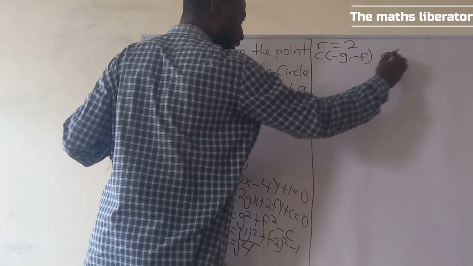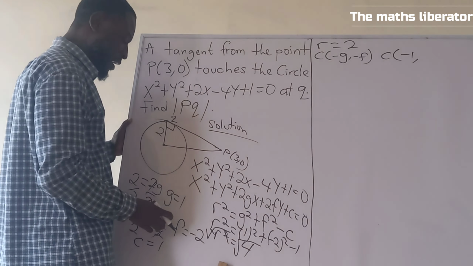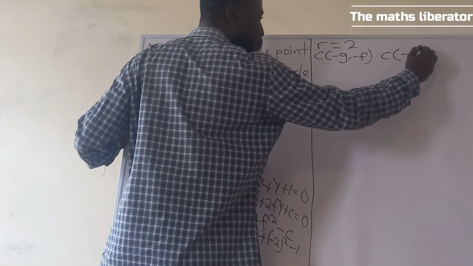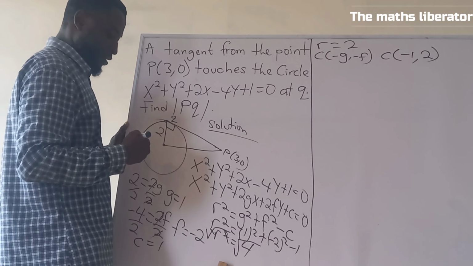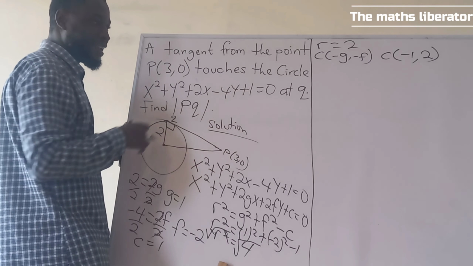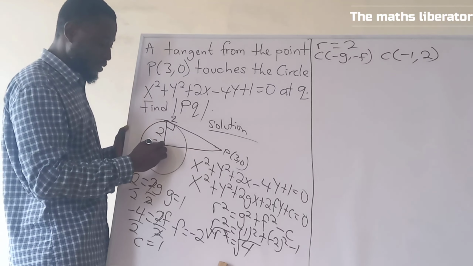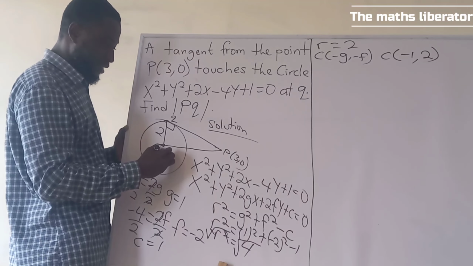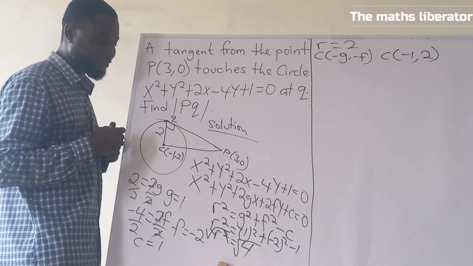So when I negate g, it becomes negative 1, and when I negate f, it becomes positive 2. So the center, which is C, is (negative 1, 2).